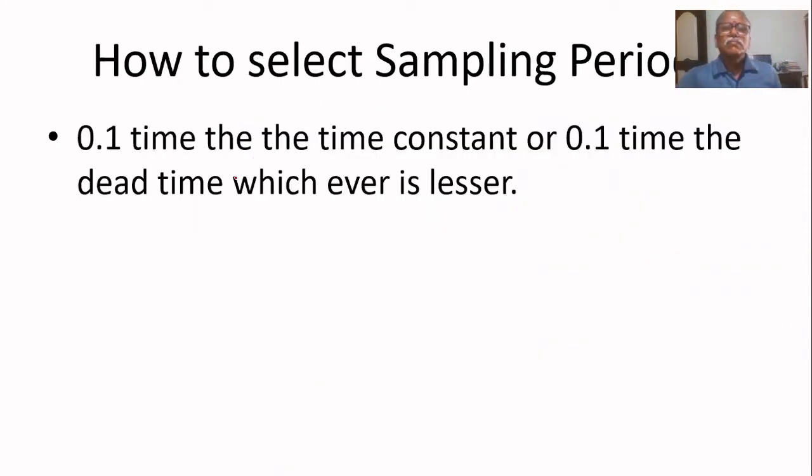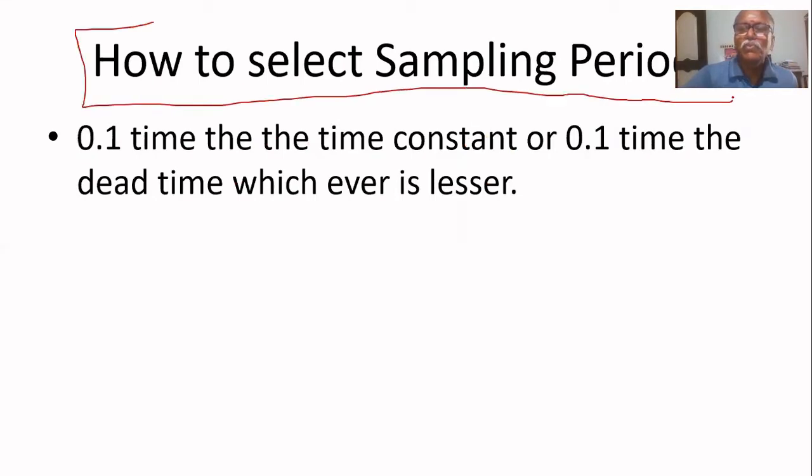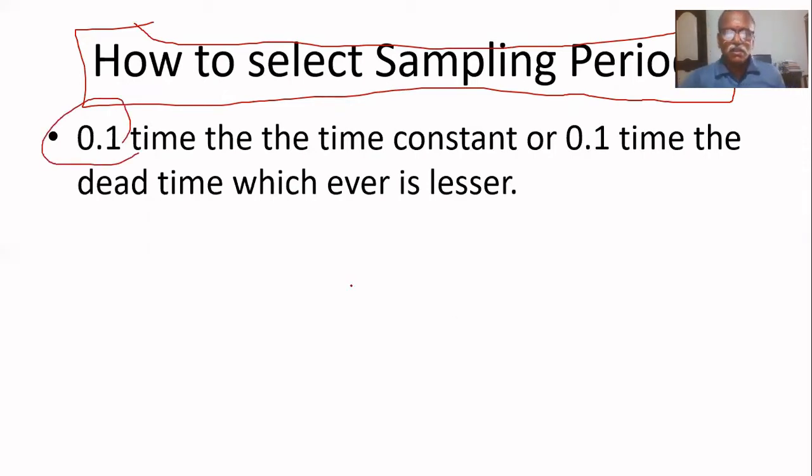For the process control point of view, what should be the sampling period? Because there also we are using the signal. It will be sampled and it will be sent to the controller. So at what rate should it be sampled? At least 0.1 times the time constant. If the time constant is 3 seconds, it should be sampled at least at the rate of 0.3 seconds.